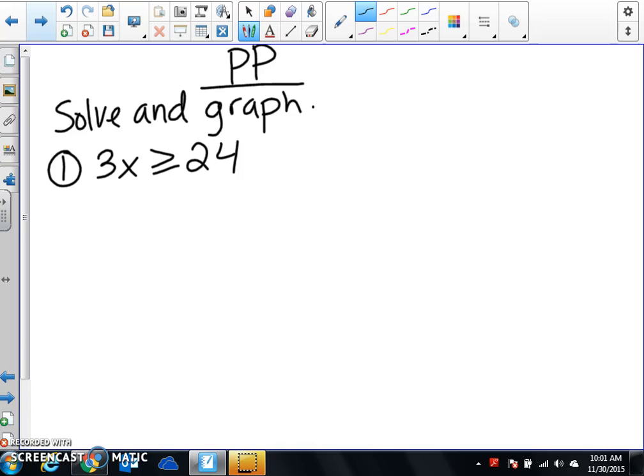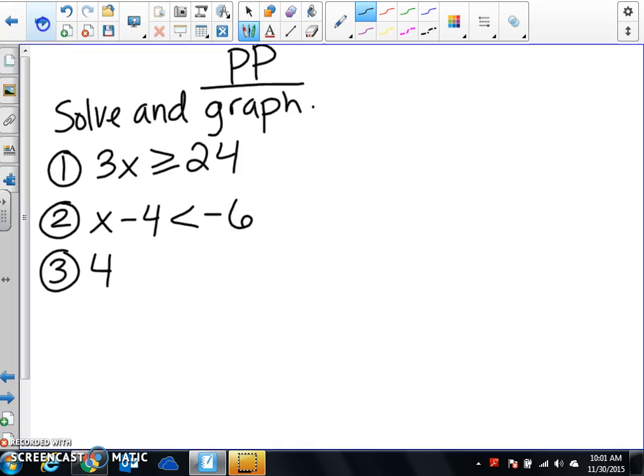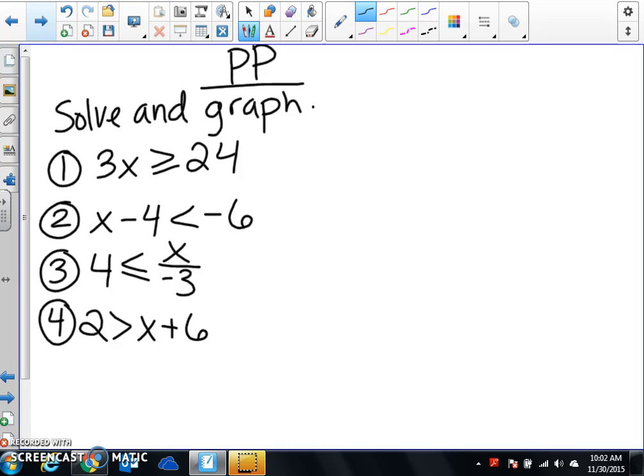Number 1: 3x is greater than or equal to 24. Number 2: x minus 4 is less than negative 6. Number 3: 4 is less than or equal to x over negative 3. Number 4: 2 is greater than x plus 6.